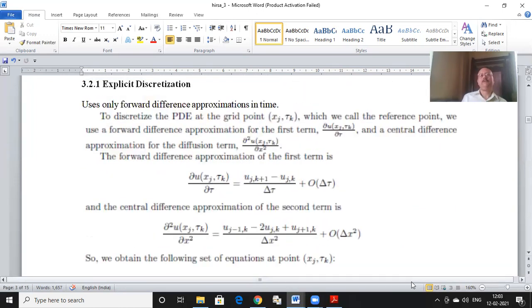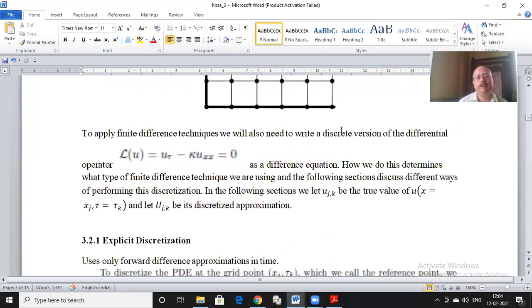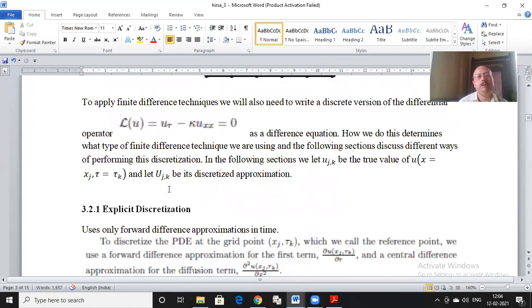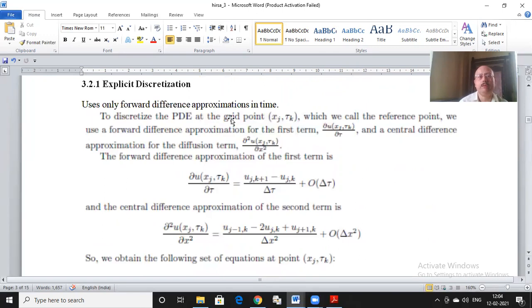Okay. So the first scheme, as I said, there are explicit, implicit, then two others. So we'll start with the first scheme, explicit discretization. And what does it do? In explicit discretization, we use only the forward difference in time scale. So u tau here will be approximated by a forward difference.